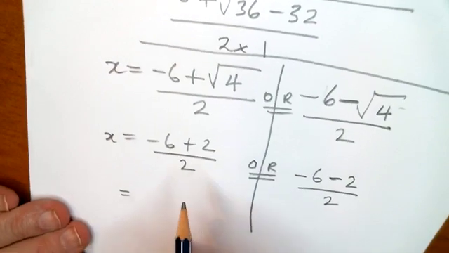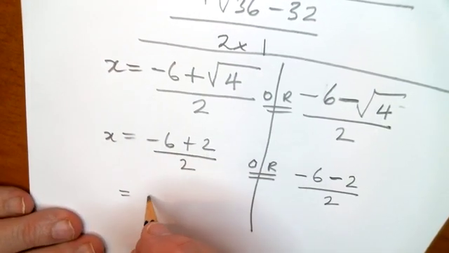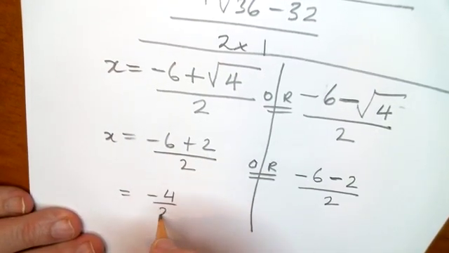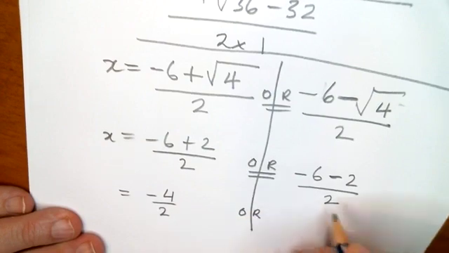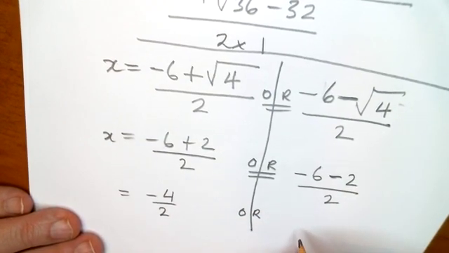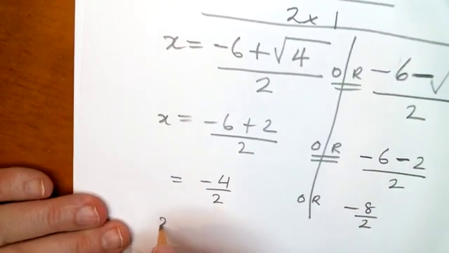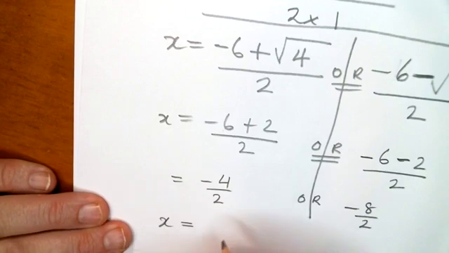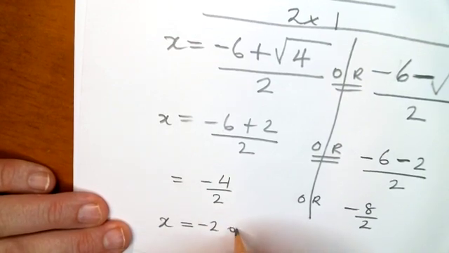So what does that come to? Well, negative 6 plus 2 is going to be negative 4 over 2, and negative 6 minus 2 is going to be negative 8. So it's going to be negative 8 on 2. So therefore, x is going to equal negative 2, or in this case, negative 4.